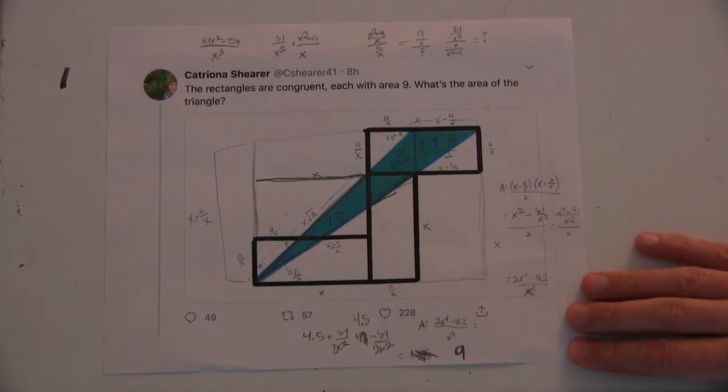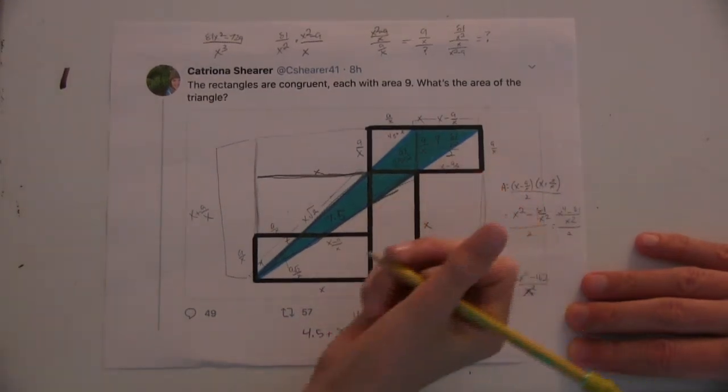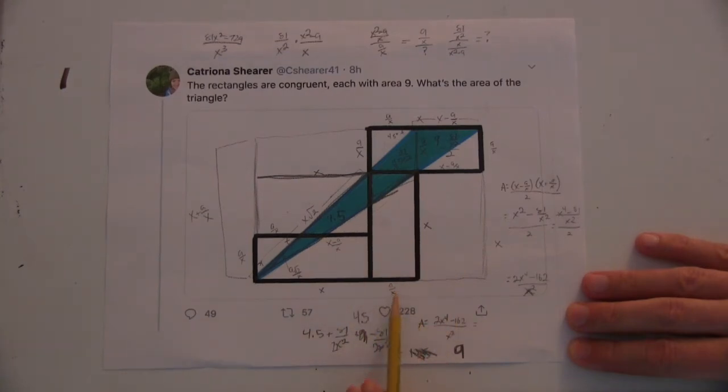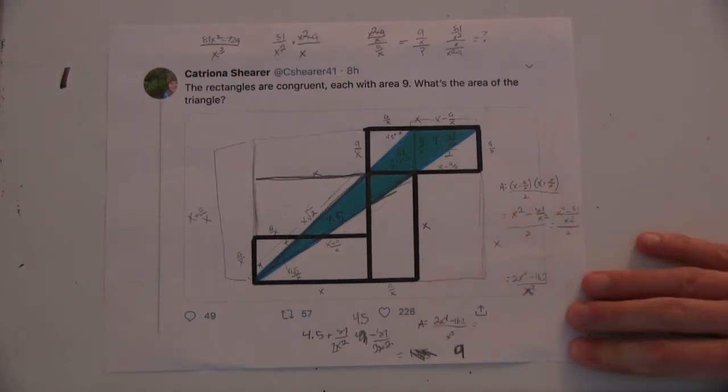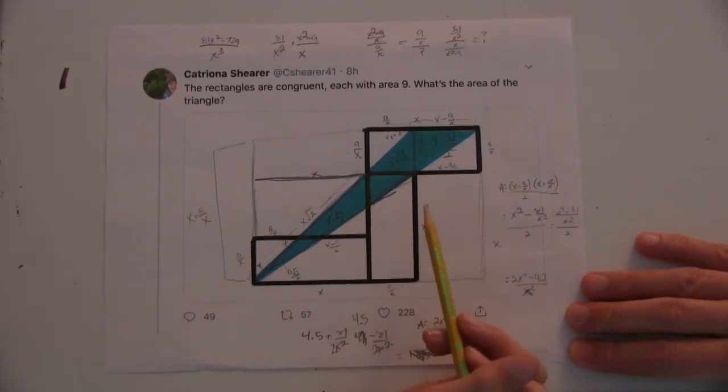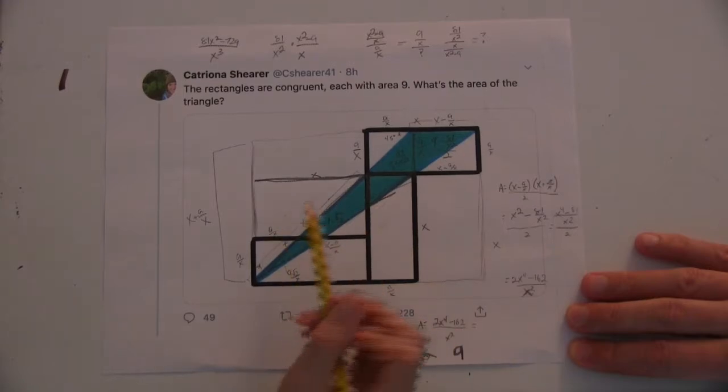So first thing I did was label the sides as x. This is 9 over x. Okay, so the long side is x, and the short side is 9 over x. So I tried to find the base and the height in terms of x.